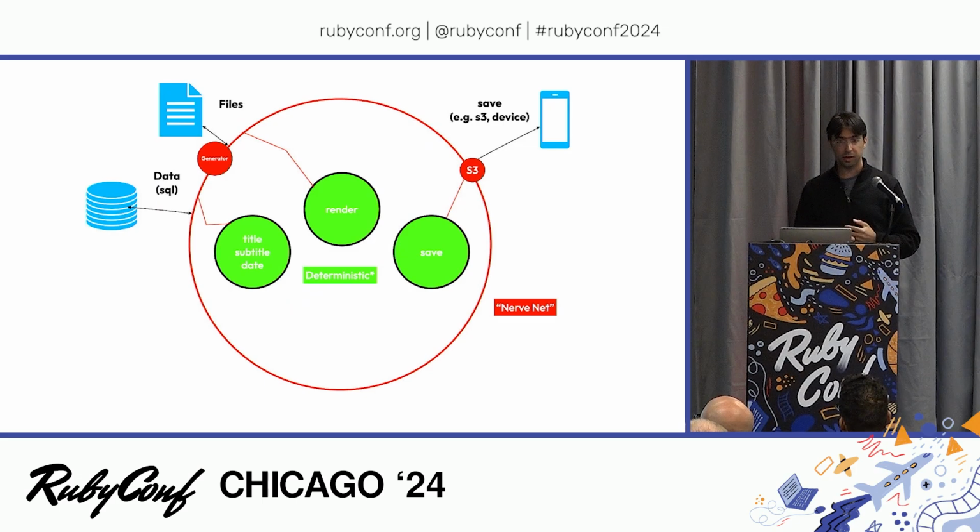So our design, just visually, this is what it could look like, right? We have our 3 components. They always respond in the same way. So when we call title or subtitle or date on our component, it's always going to respond in the same way if we give it the same data. Same thing with the HTML rendering, right?